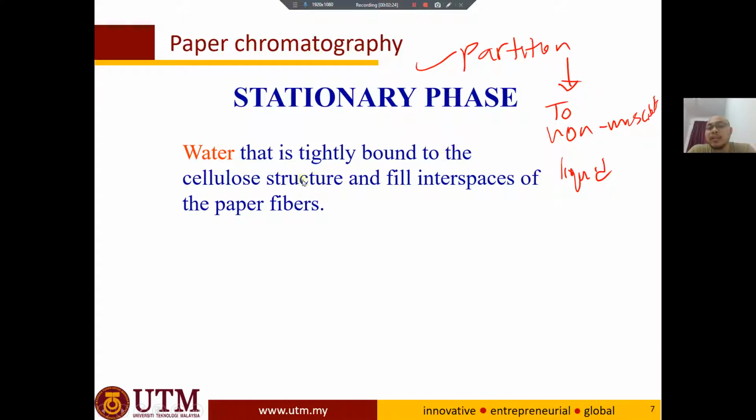The analyte is not actually interacting with the cellulose. The analytes interact with the water that fills the space in the paper fibers. Inside the paper you have all the cellulose bonded with H2O. H2O fills the space of the cellulose, so your analytes interact with the H2O that is bonded to the cellulose.